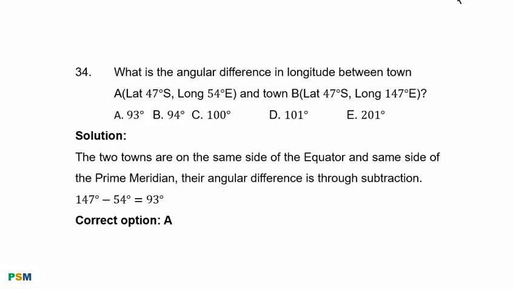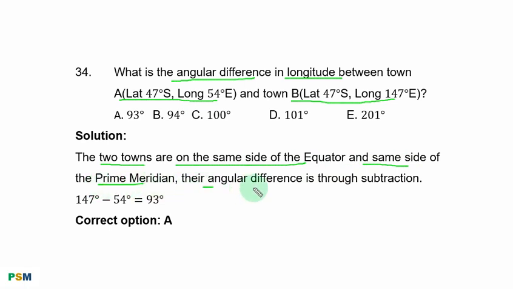Question 34. What is the angular difference in longitude between town A with this information and town B with this information? Solution. The two towns are on the same side of the equator and same side of the prime meridian.